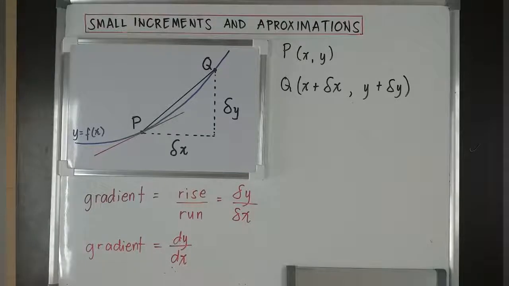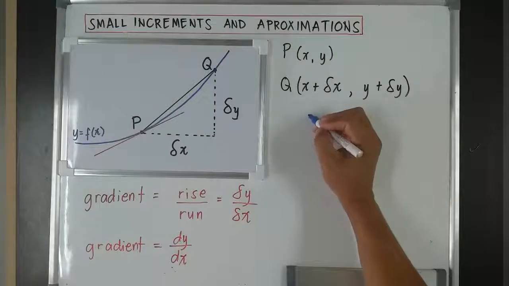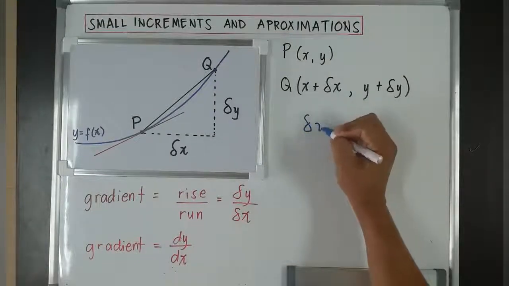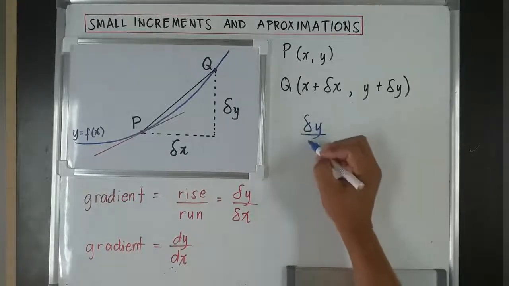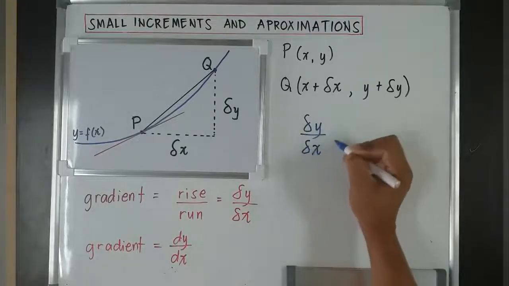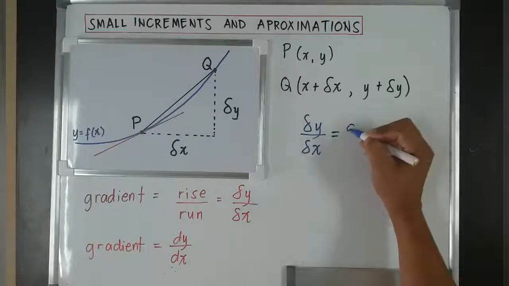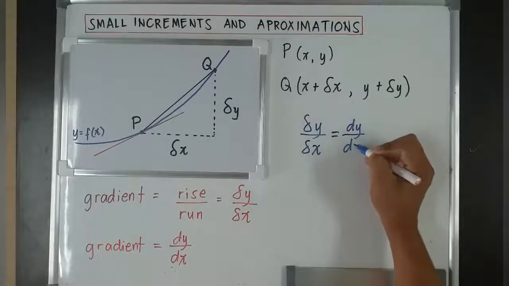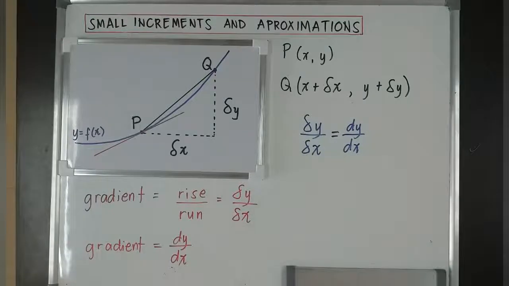The small increment of y over a small increment in x is equivalent to dy over dx. It's just like the gradient is equal to this and the gradient is equal to this. Therefore, the small increment of y over small increment of x is equal to dy over dx.